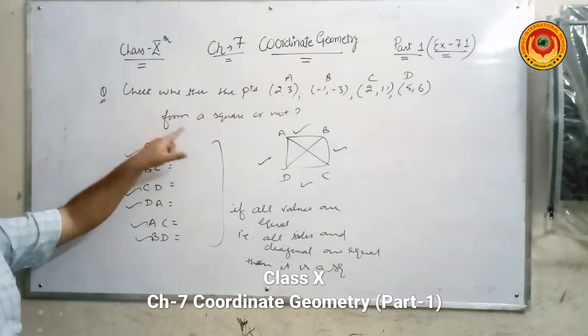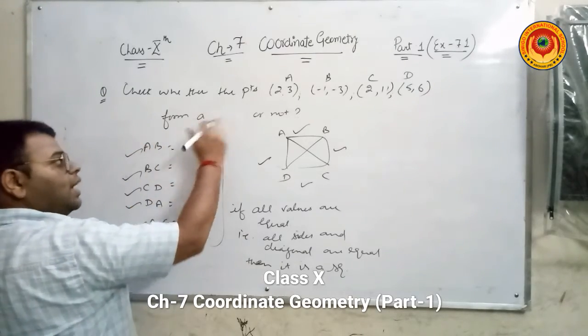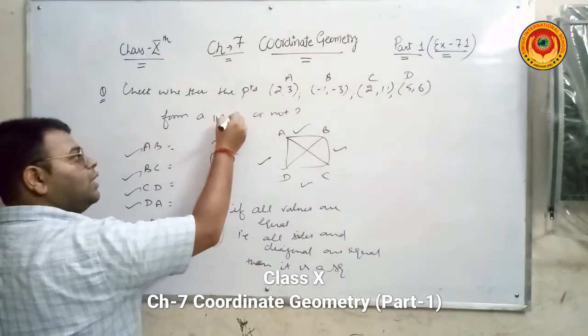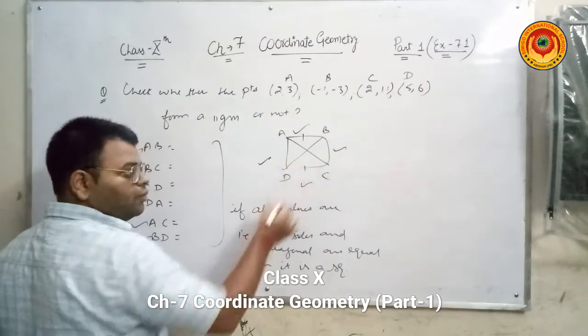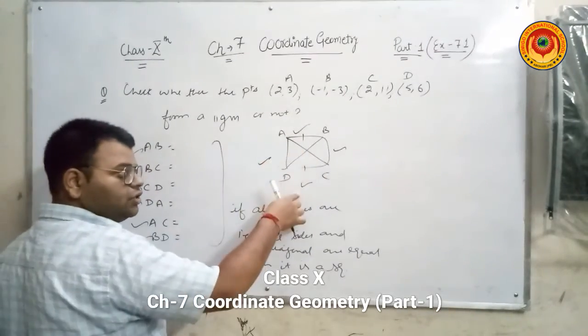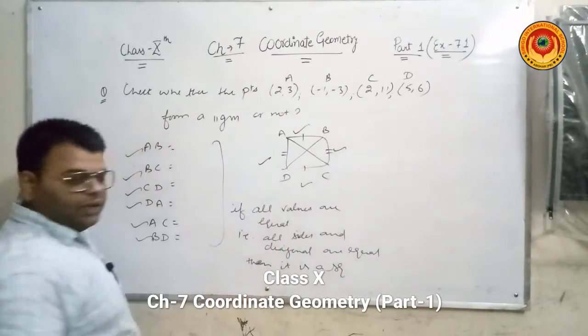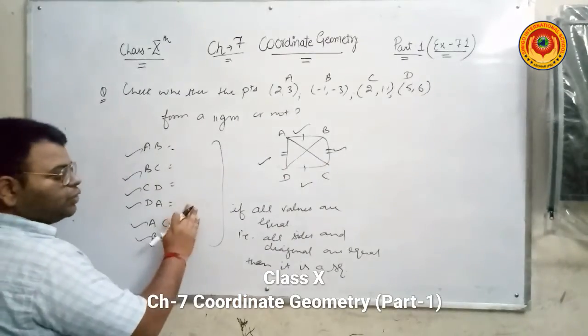Suppose the same question becomes: check whether it forms a parallelogram or not. In a parallelogram, what's the condition? Opposite sides are equal. That means AB and DC should be equal and AD and BC should be equal. So what you have to write?